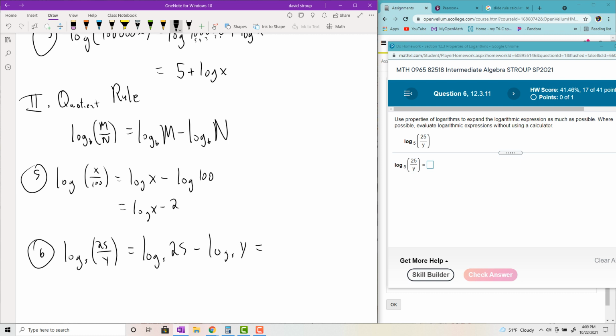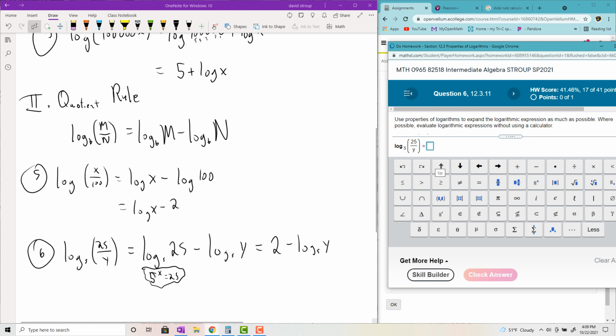And the first one right there, 5 to what power equals 25? That's what's going on in my brain. So that's a 2. Then minus log base 5 of y. So I have 2 minus log base 5, arrow out, y.